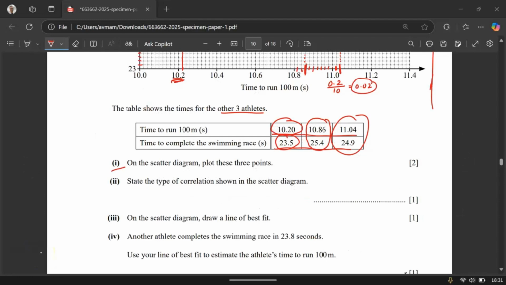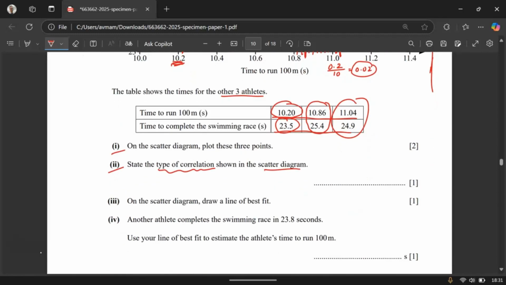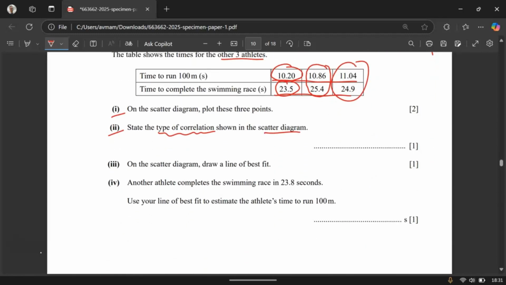Let us look at part 2. State the type of correlation shown in the scatter diagram. Correlation can be of 3 types. One is positive, the other one is negative, and one more we have, that is 0. Positive, if a line goes from left to right in the upward direction.